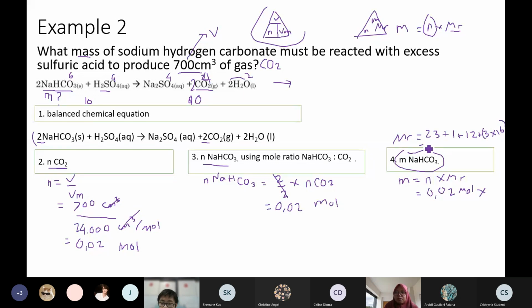What is the Mr? 84. Yeah, 84 gram over mole. We can cancel mole and mole minus 1, so the unit is gram. What is the answer? 0.02 times 84. What is the mass? 168 gram.